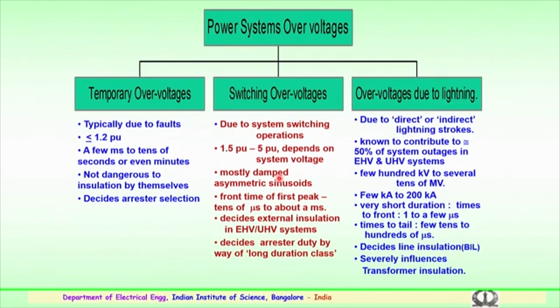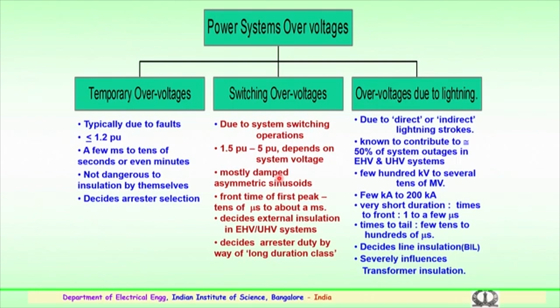So, this could be for a very short duration, and the voltage levels could be a few hundred kilovolts to several tens of megavolts. These are the observed lightning overvoltages in the field, and the currents during a lightning strike could range anywhere between a few kiloamps to 200 kiloamps.